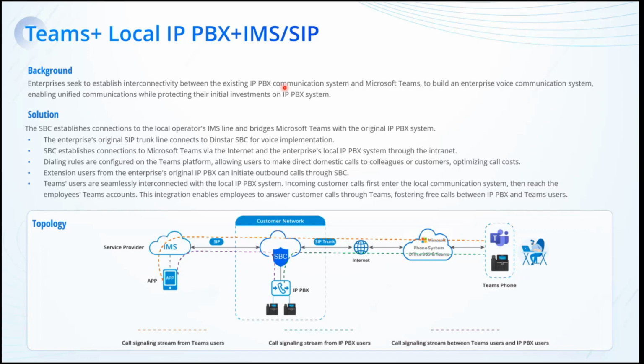Of course, here we have a more complex and more detailed diagram between the existing IP phone communication system and Microsoft Teams, and then you enable your unified system to work properly without investing too much of the budget.